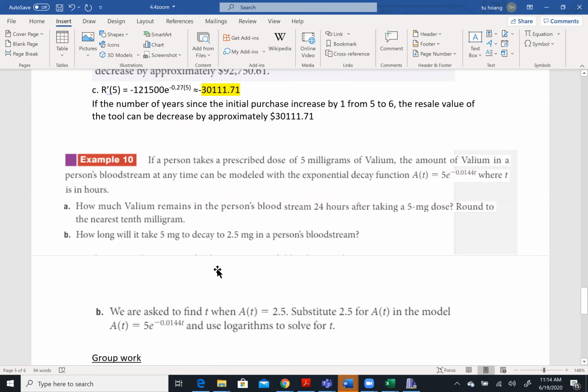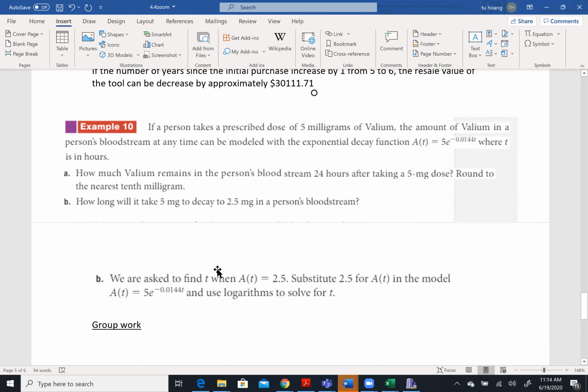And now this is the last example for group work. I mean for the word problems. So let me finish this.